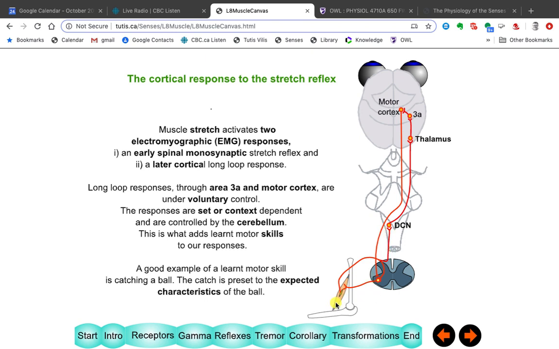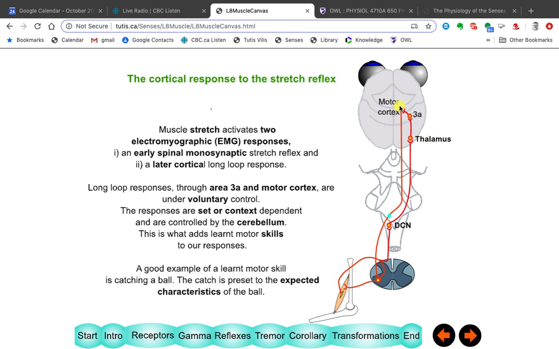So you get one activity coming this way, and then quite a bit later, you get activity coming back down that goes through the cortex. This thing in the cortex can, most times in healthy people, be influenced by structures like the cerebellum that make the movements very accurate. It can also, when the cerebellum is damaged, produce that tremor that we talked about just a minute ago.